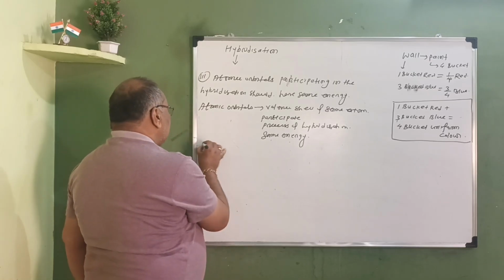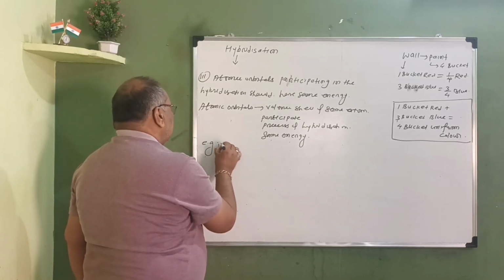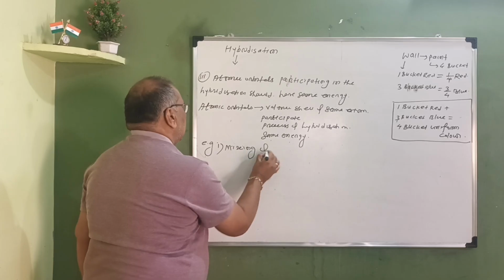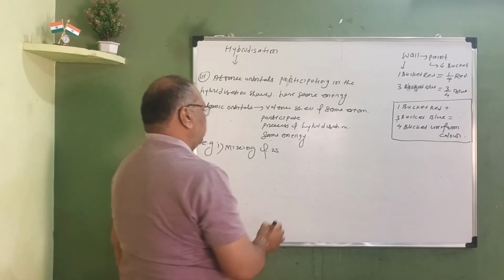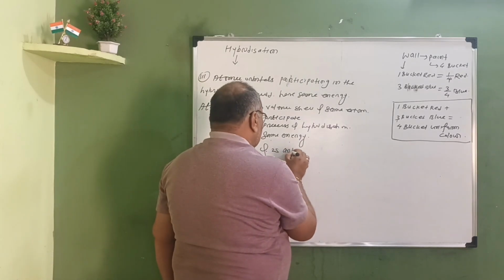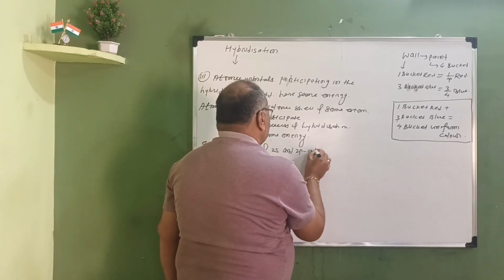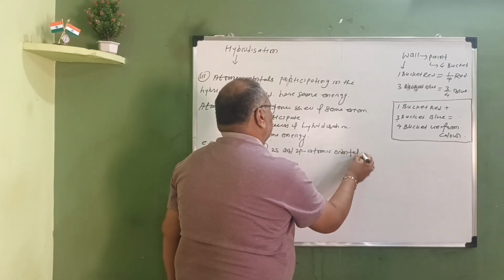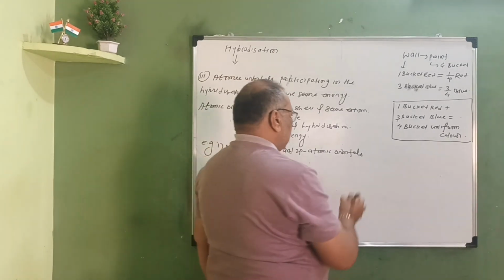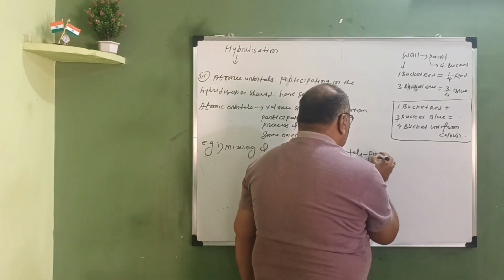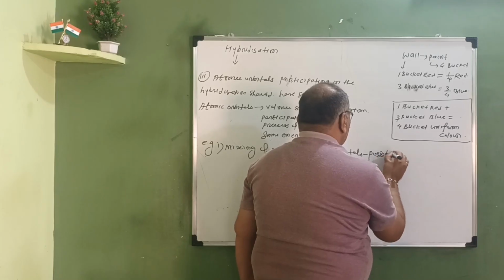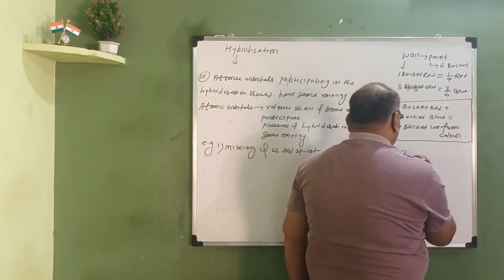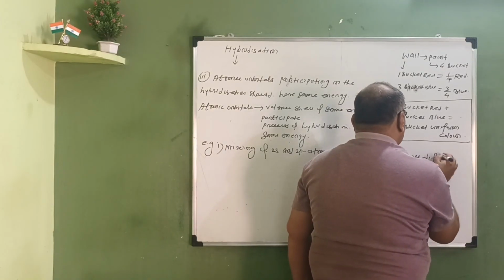That means, for example 1, mixing of 2s and 2p atomic orbitals is possible due to small difference in energy.